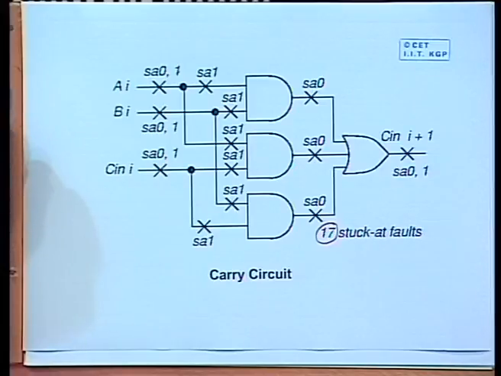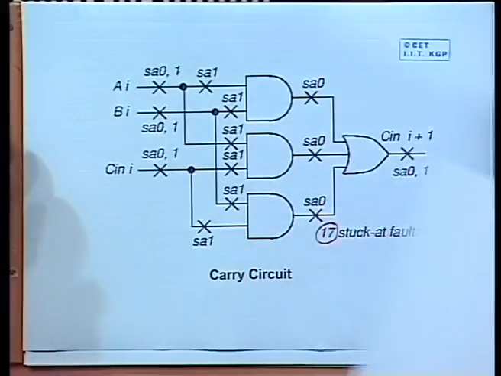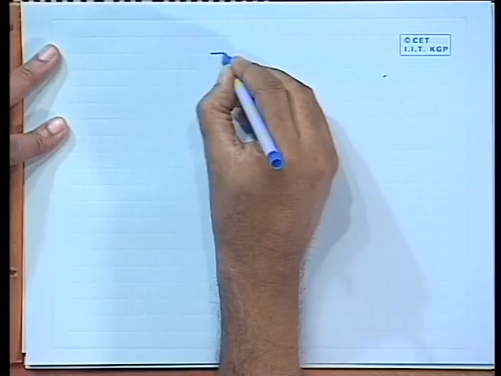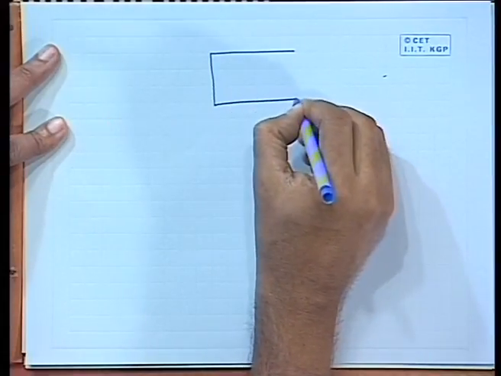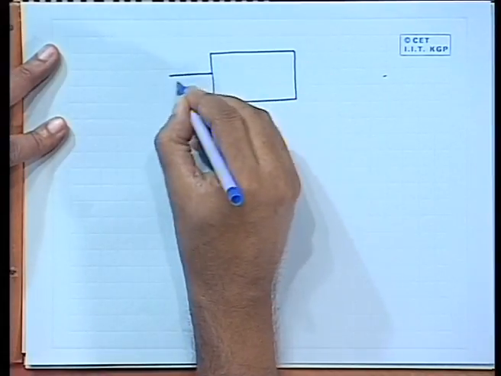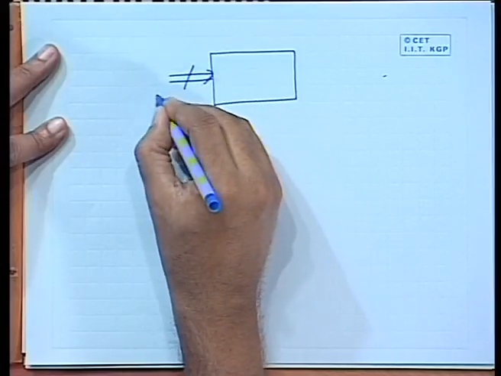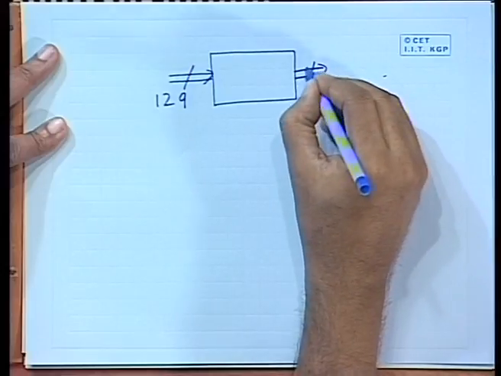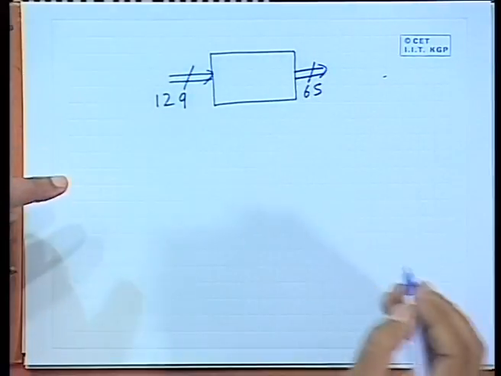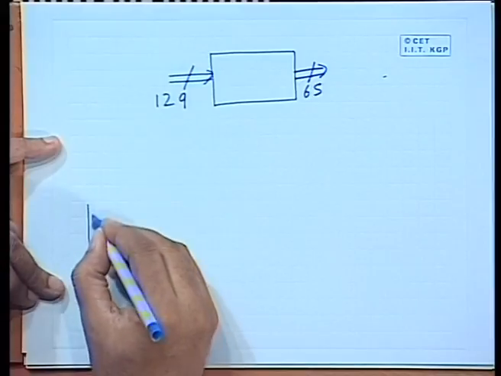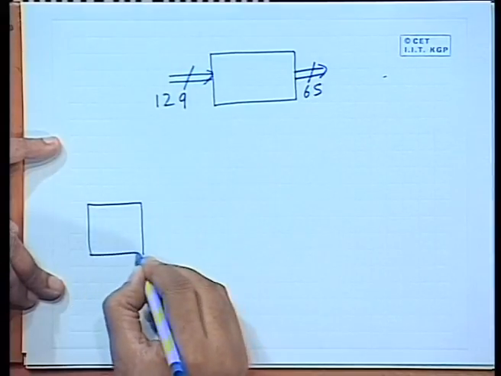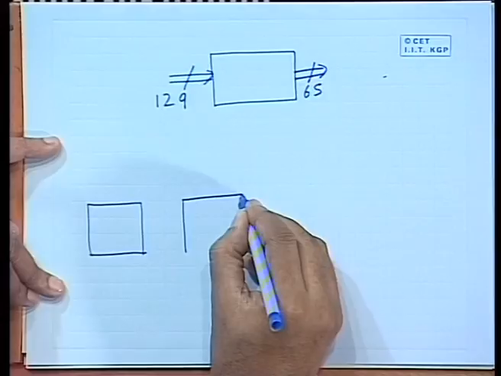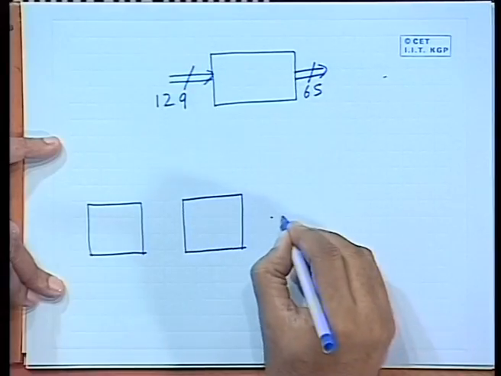So, what does this mean? This means that at one extreme we have a black box realization with 129 inputs and 65 outputs, and in the other extreme we have 64 full adders connected in cascade.